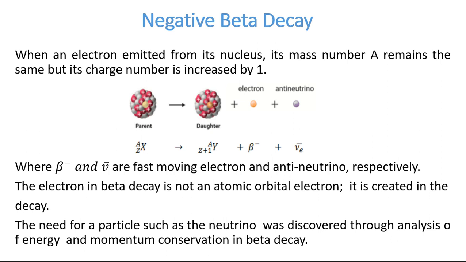It is created in the decay process. The need for a particle such as the neutrino or antineutrino was discovered through analysis of energy and momentum, and in the early stages of the beta decay discovery, these were not detectable because they were highly penetrating and have very little mass compared to the electron. So the energy, the Q value, is mainly shared among the electron and the neutrino.